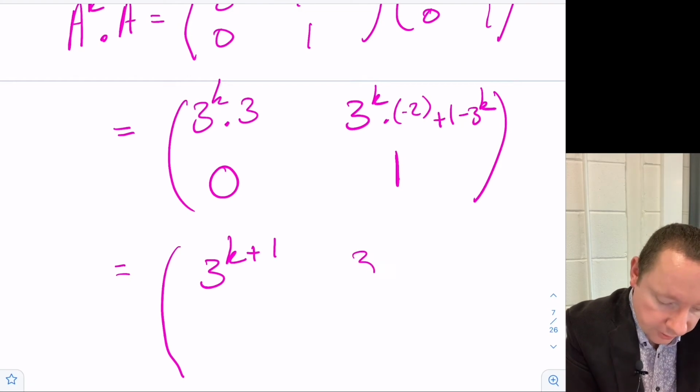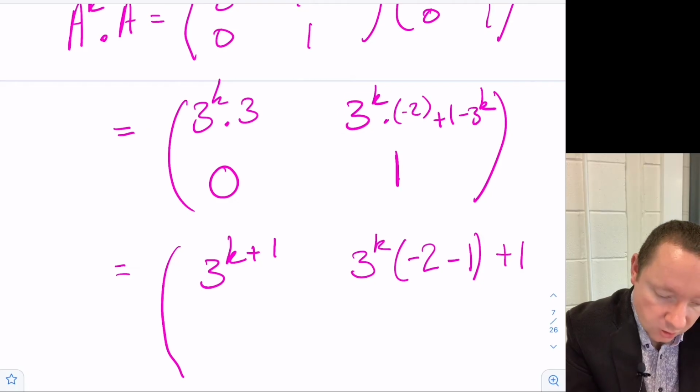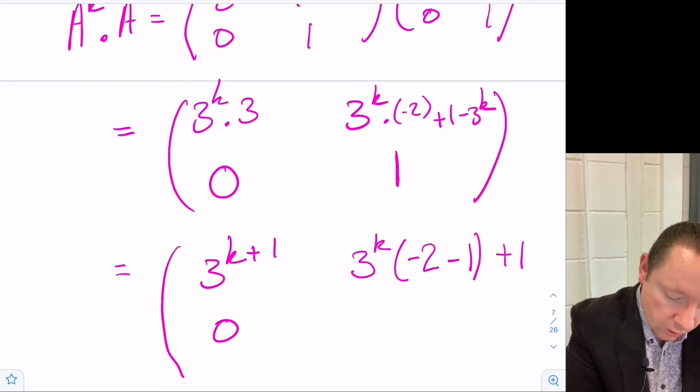So if I take 3 to the k out as a common factor of the terms in 3 to the k, that gives me minus 2 take away 1. And I've still got plus 1 on the end. So that's 3 to the k times minus 2, 3 to the k times minus 1. And then we've still got this plus 1 that isn't attached. And then you've got 0, 1, which is what we would need.